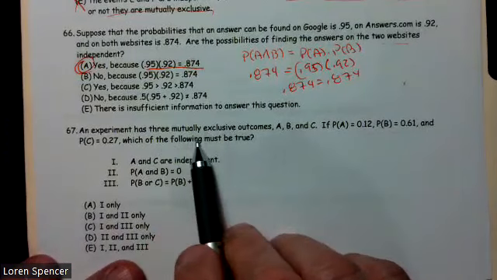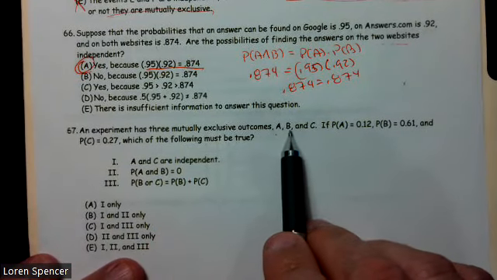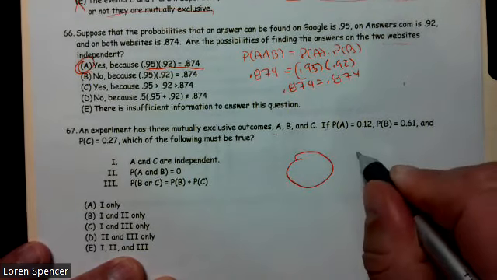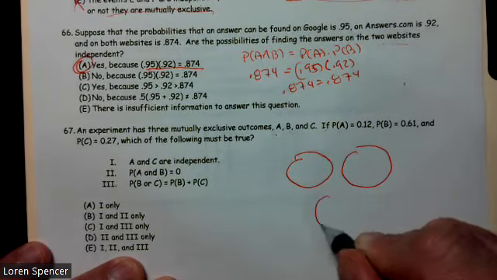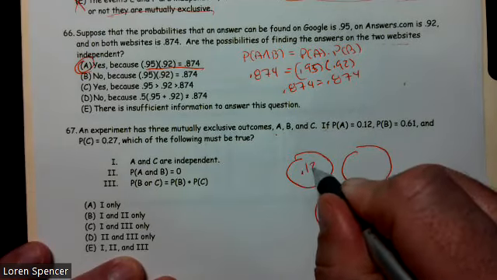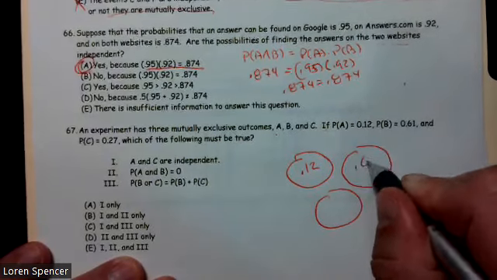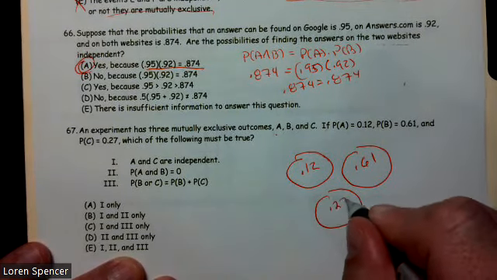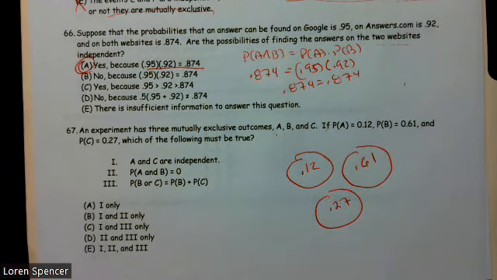And an experiment has three mutually exclusive outcomes, A, B, and C. So that means there's no overlap. If A is 0.12, B is 0.61, and C is 0.27, which of the following are true?